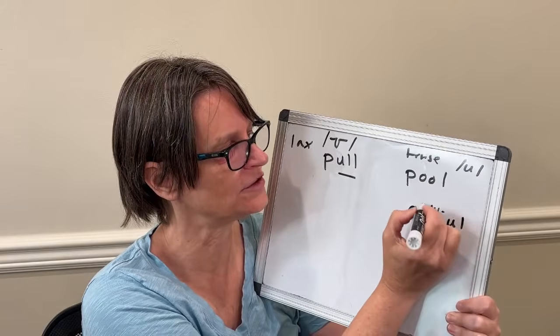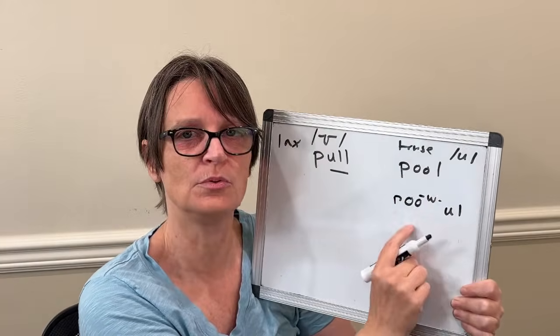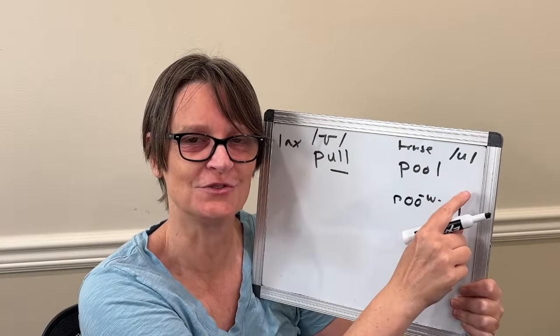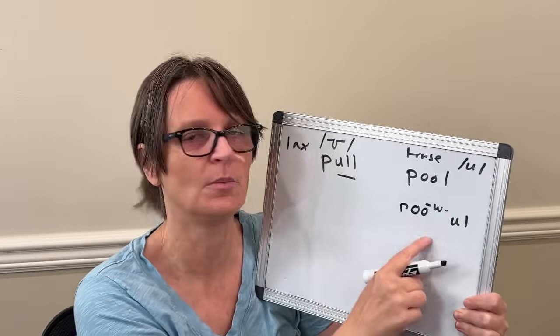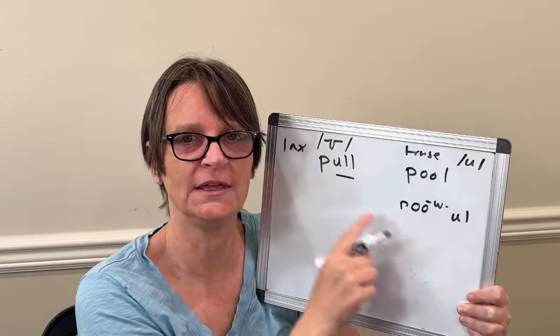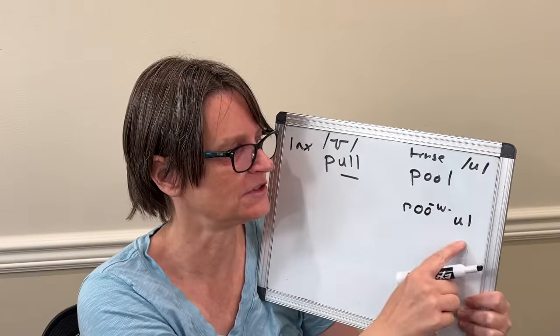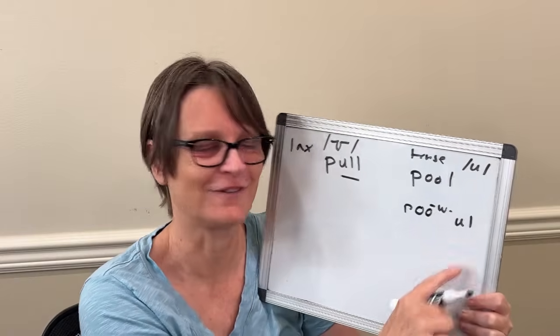So I end up with vowel to vowel linking in pool. This is almost like it's two syllables, whereas pull is just one. So, "don't pull me into the pool." Pool is going to be significantly longer because of that vowel to vowel linking.